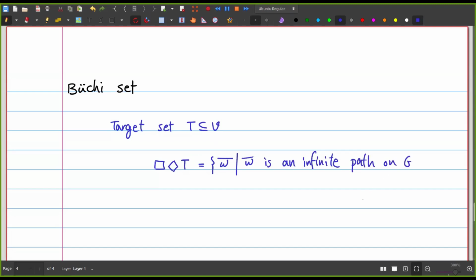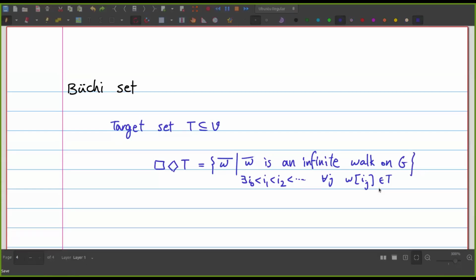I don't write starting at V0 everywhere, but we are assuming that we're only considering paths that start at V0. And I also want to say that there are infinitely many places in W. So there exist indices I0 less than I1 less than I2, and so on, an infinite number of indices, such that for every J, W_Ij is a vertex in T.